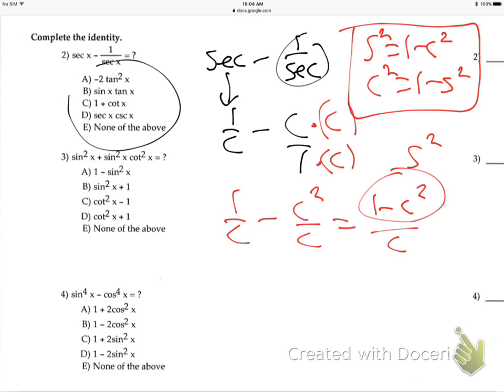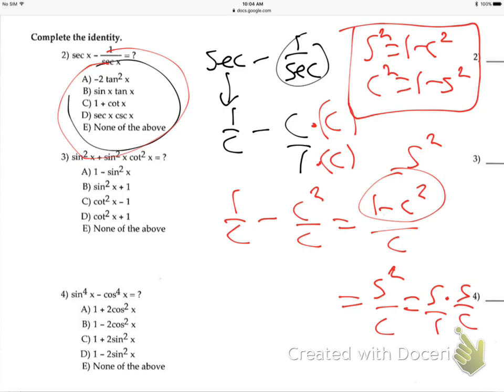So what does that mean then? Well, this is sine squared over cosine. I still don't see it here, do you? You can split the sine. Sine squared is sine times sine, and cosine is just 1 times cosine.